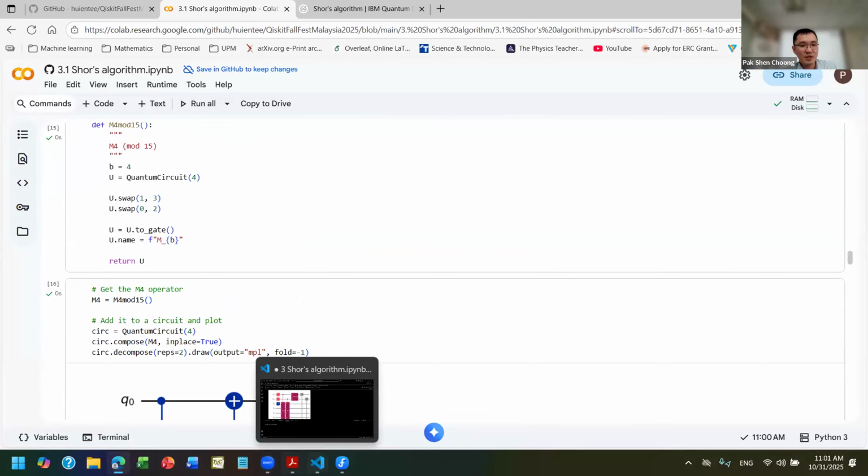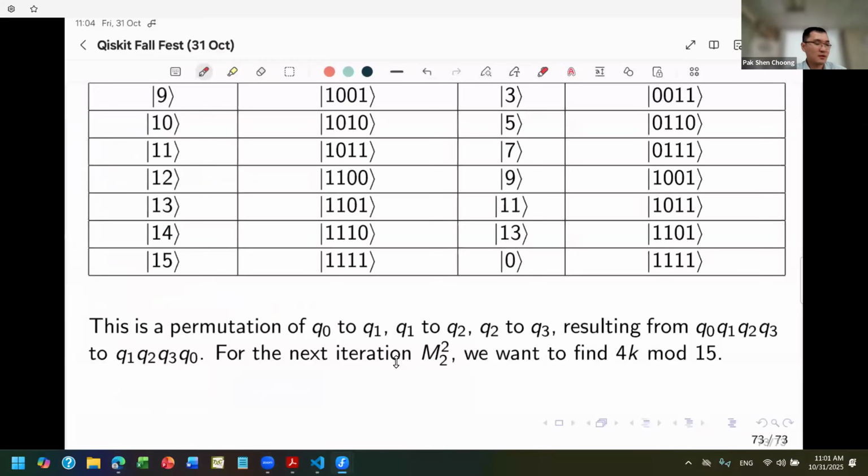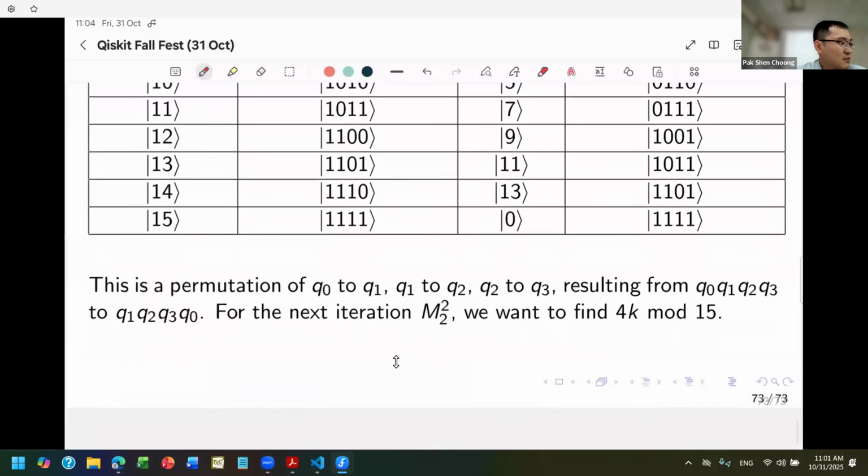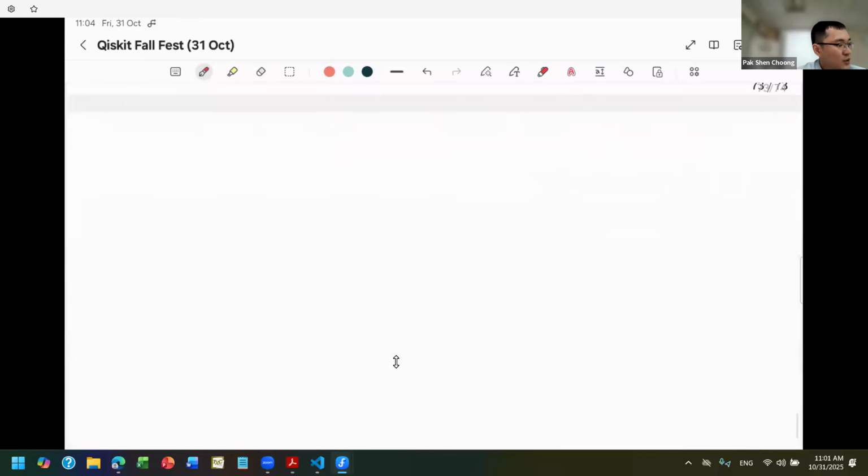So one setup is that for number 15, the possible A will be 2, 4, 7, 8, 11, 13, 14.